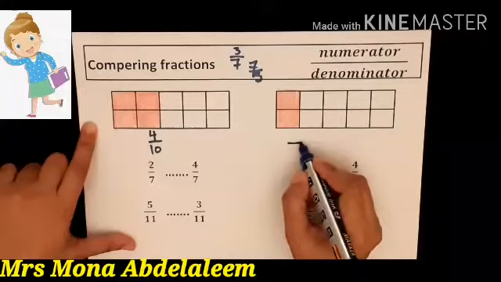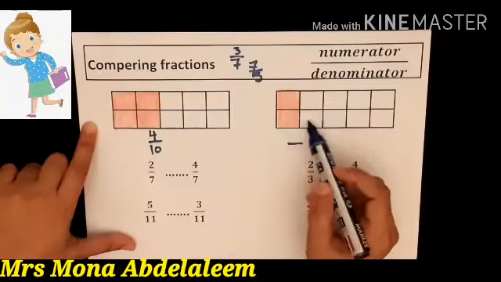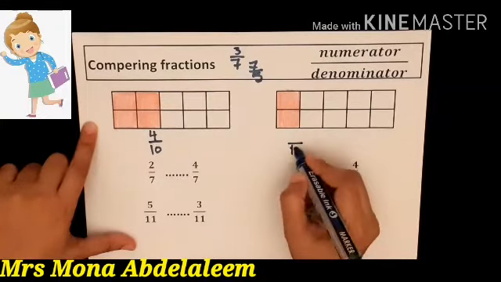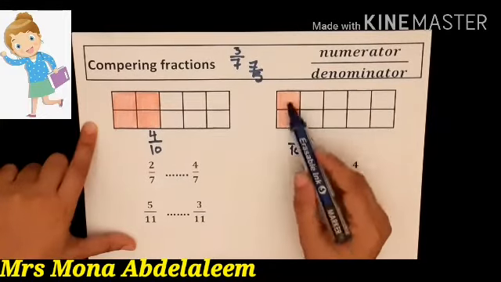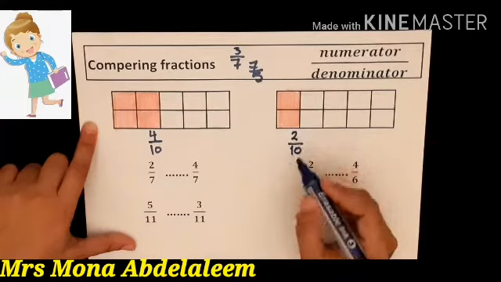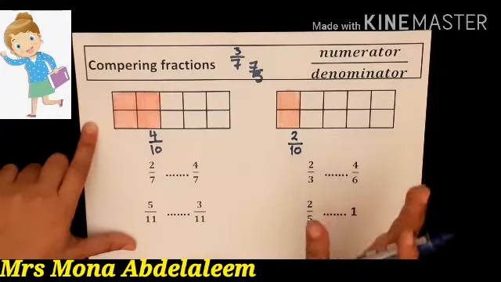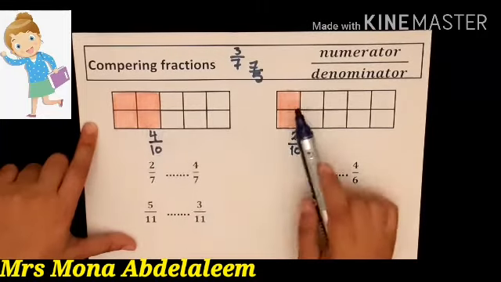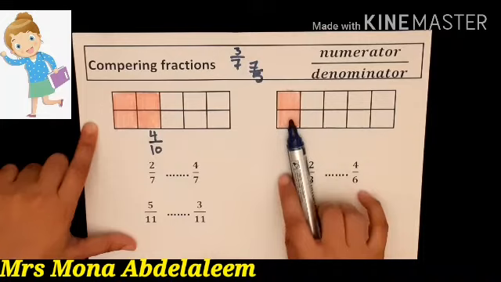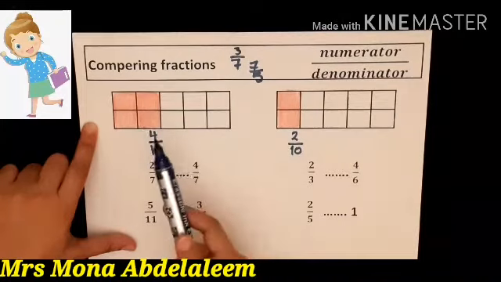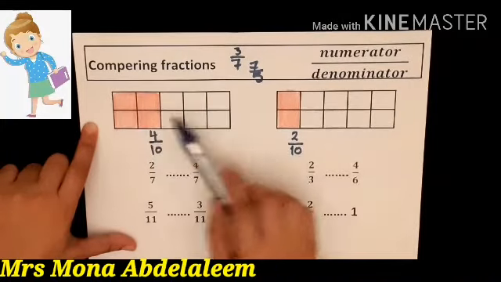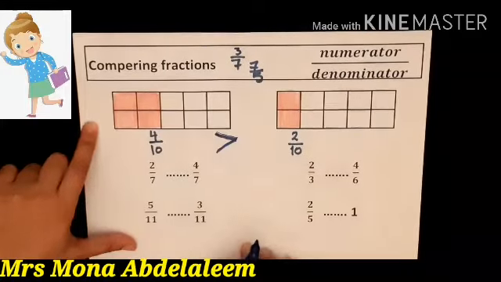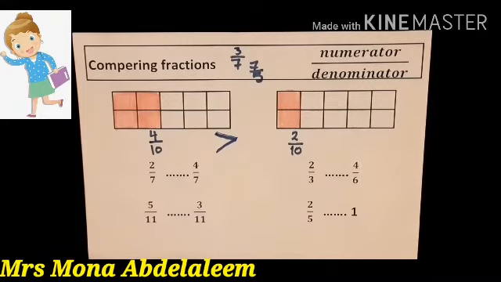And this fraction: all parts are 10, so write 10 in the denominator. How many colored parts? 2. So 2/10. Which part is greater, 4/10 or 2/10? Good, 4/10. This part is greater than this part. So 4/10 is greater than 2/10.